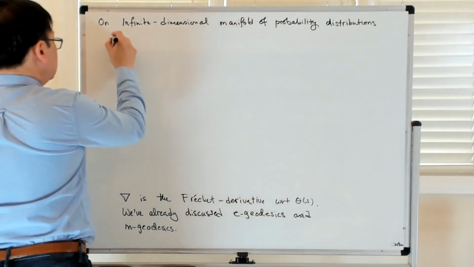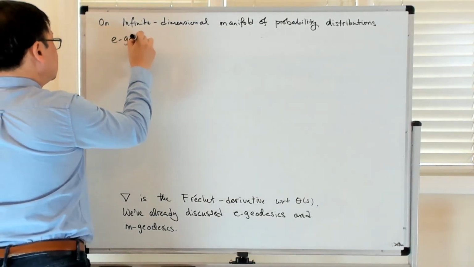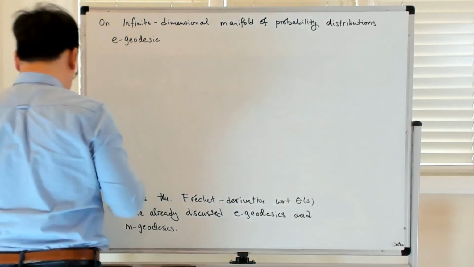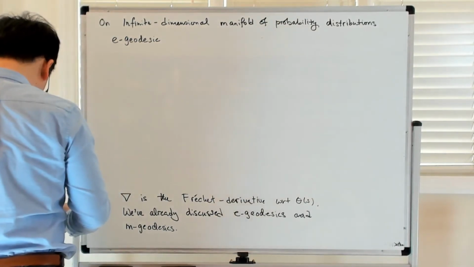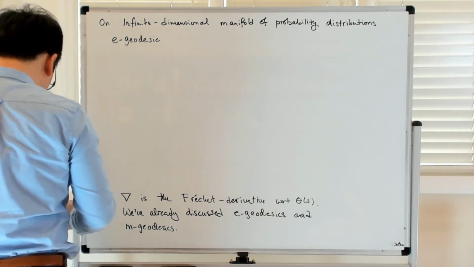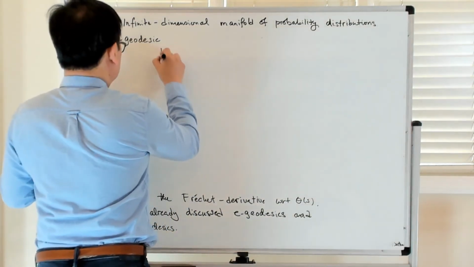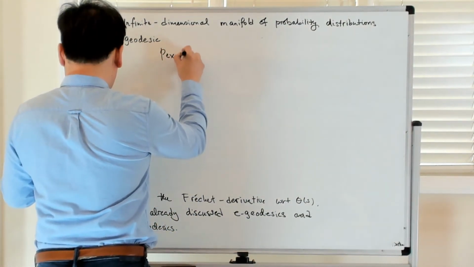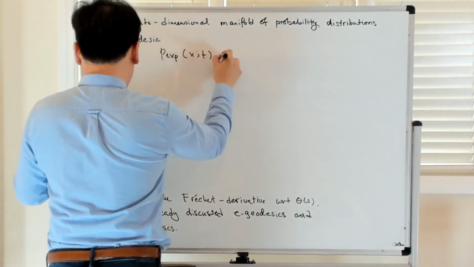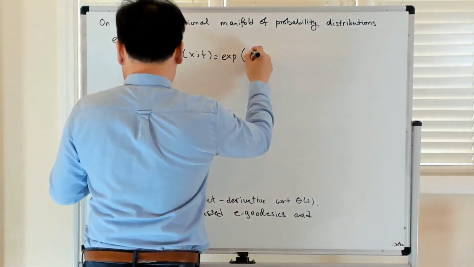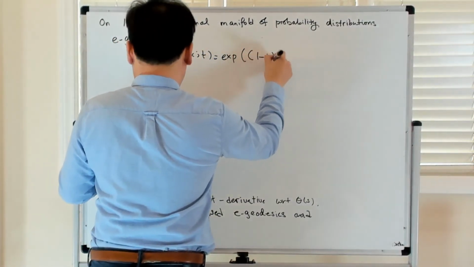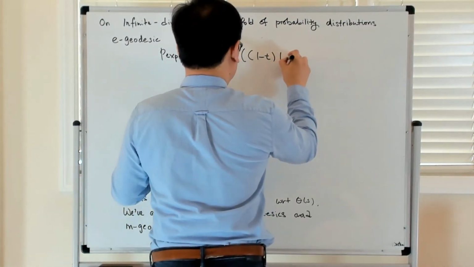So the E geodesic is given by p exponential of x and t, which is the exponential of the convex combination of the log of the probabilities.